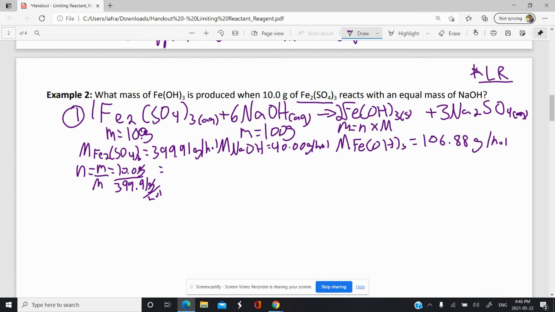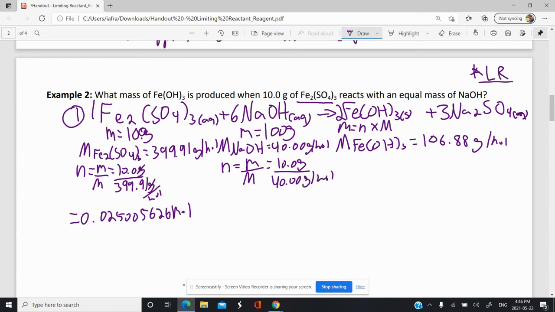So 10 divided by that answer gives us about 0.025005626 moles of the iron 3 sulfate. And then we're going to do the same thing over here. We're going to find the number of moles of sodium hydroxide, which is, again, the mass over the molar mass, but it's the mass of the sodium hydroxide, so 10.0 grams over the molar mass of the sodium hydroxide, 40.00 grams per mole.